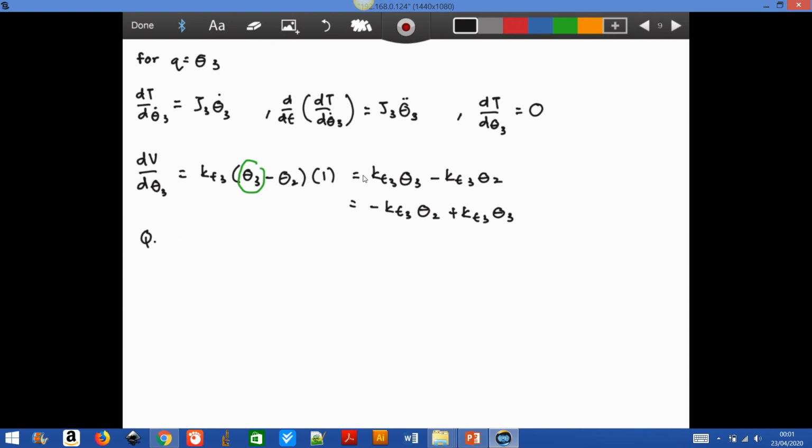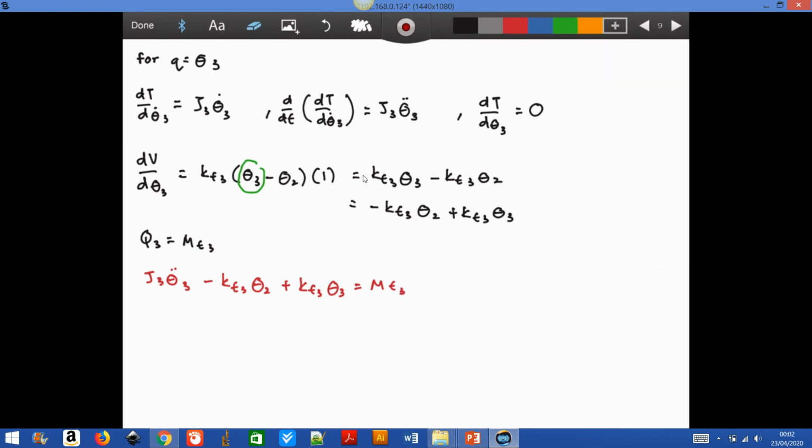So Q3 is equals to Mt3. Thus, the equation of motion for q equal to theta 3 would be J3 theta double dot 3 minus kt3 theta 2 plus kt3 theta 3 equals to Mt3.